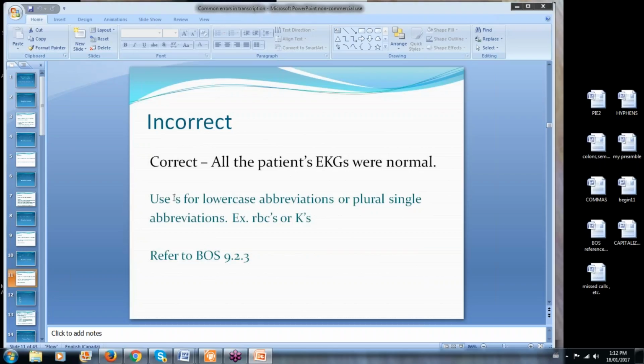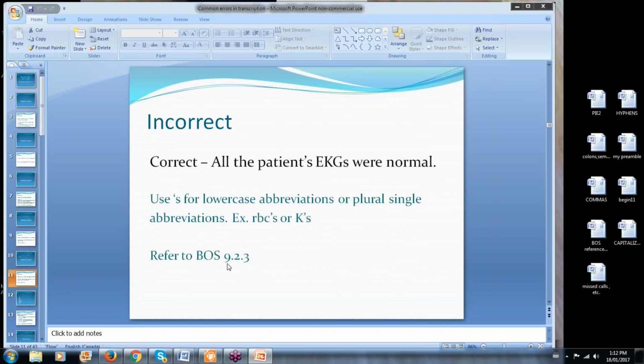Just remember, use apostrophe S for lowercase abbreviations or plural single abbreviations such as capital K apostrophe S. But when they're uppercase, you never use the apostrophe S, only if it's a single abbreviation, okay?